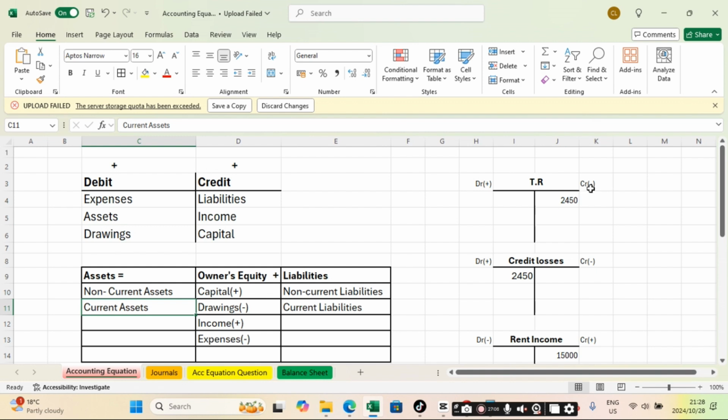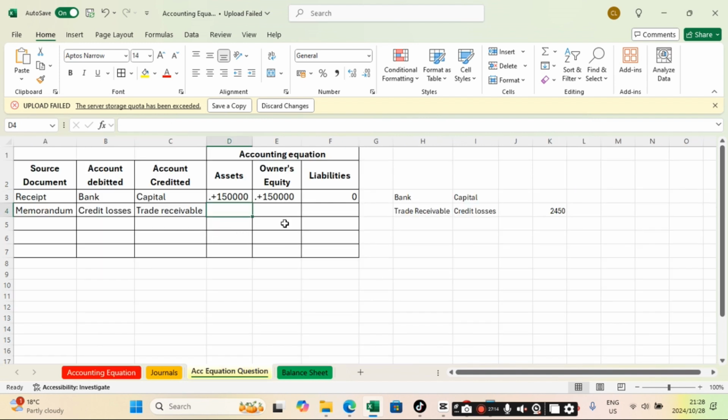This asset is decreasing, by 2,450. The asset is decreasing by 2,450.